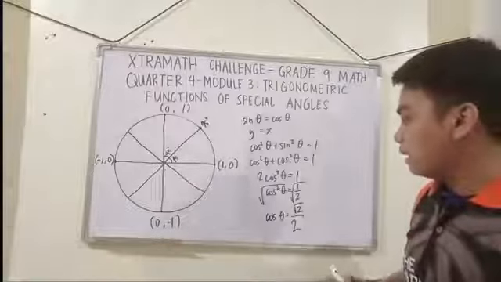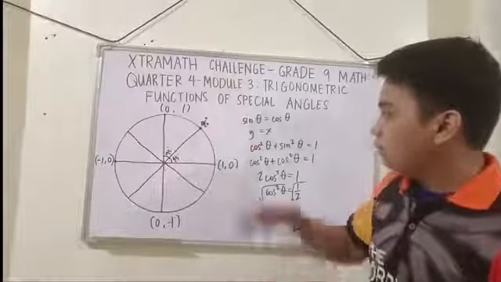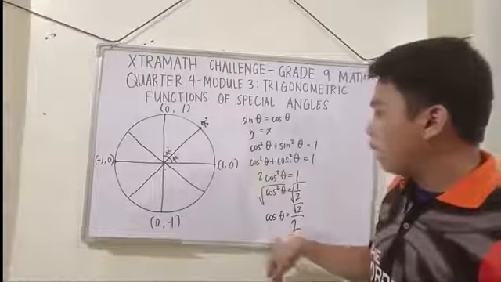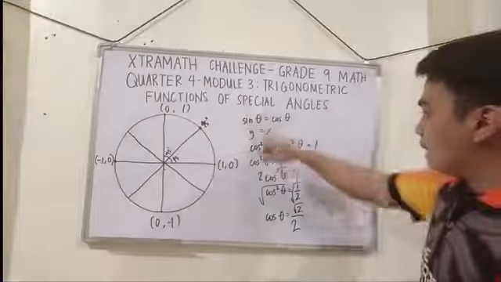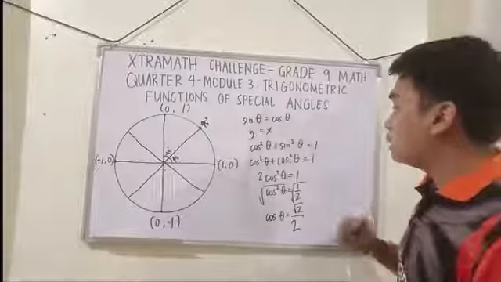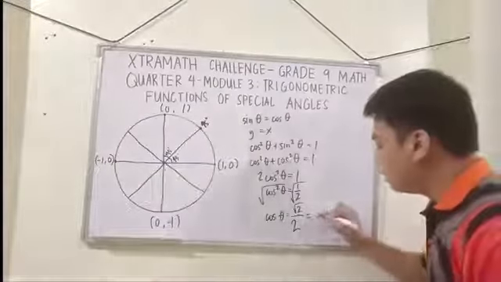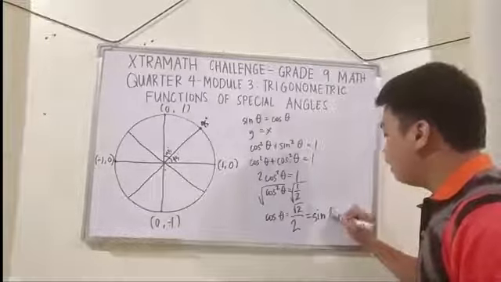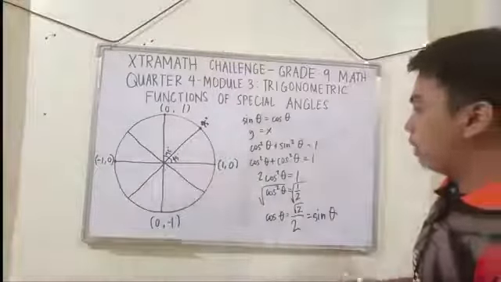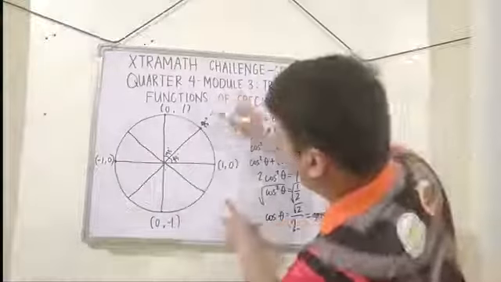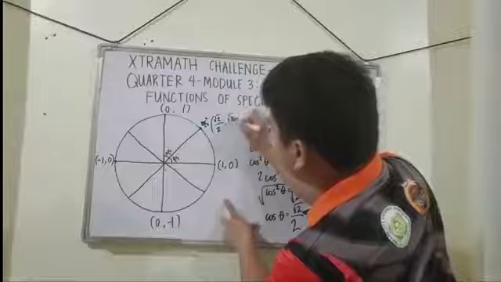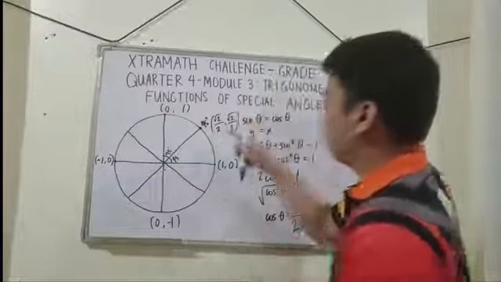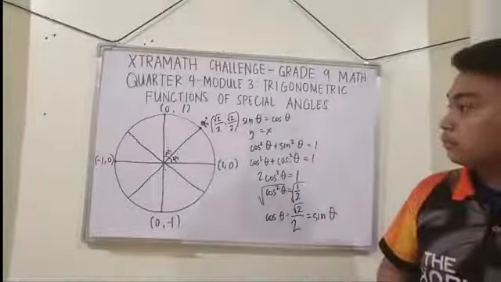So that means that the x coordinate of this point is square root of 2 over 2. And remember that sine theta is equal to cosine theta. That means that this is also our sine theta. So the coordinate of this point is square root of 2 over 2, square root of 2 over 2.